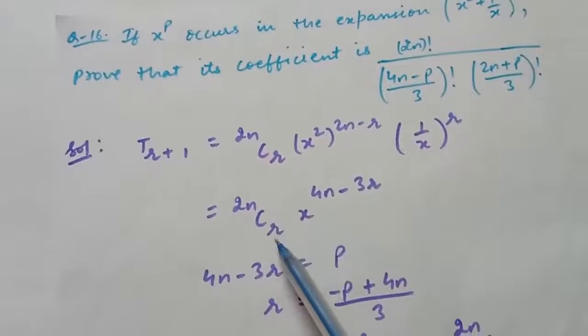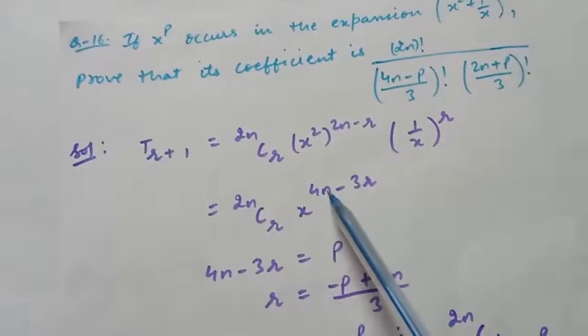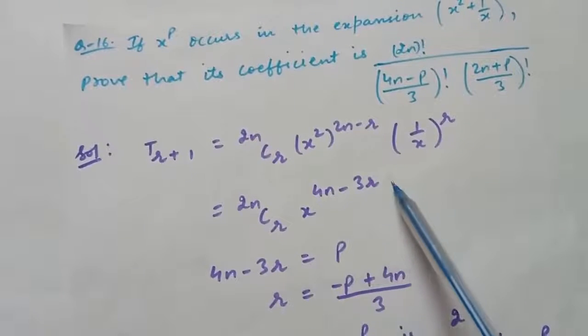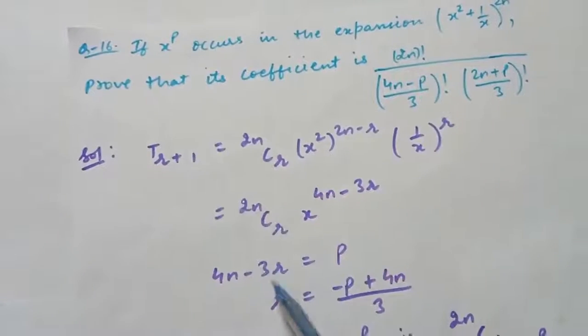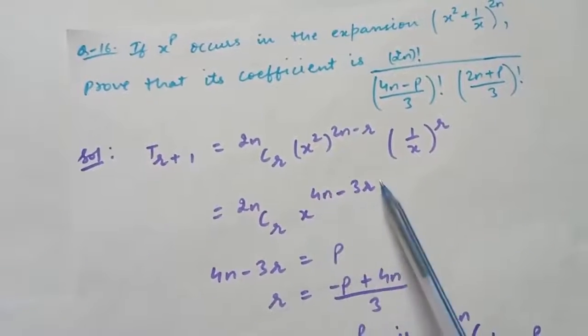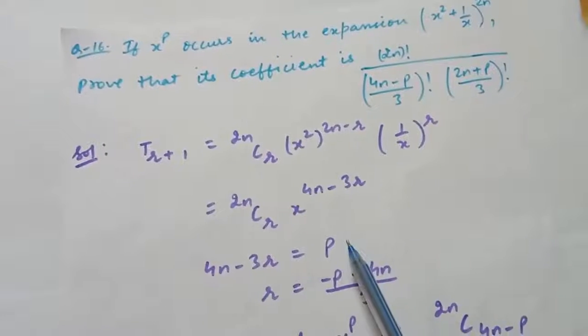So 2nCr into, solving this, x^(4n−3r). Now we want to find the coefficient of x^p. So in place of this 4n − 3r, we want p. So let this be equal to p.